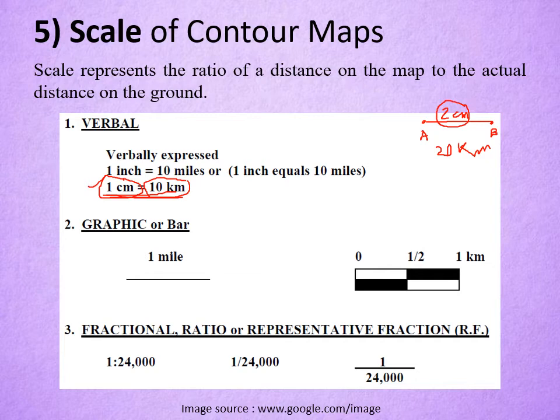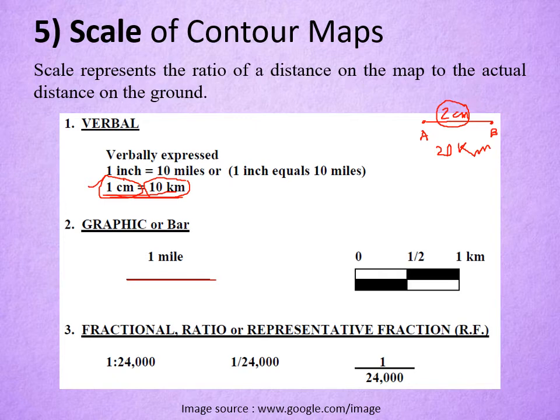The second type of using a scale in contour map is the graphic scale, or we also call it bar scale. Here, graphically, by drawing a linear distance in our map, say for example this straight line, we depict the scale of the map with respect to the actual one in the field.